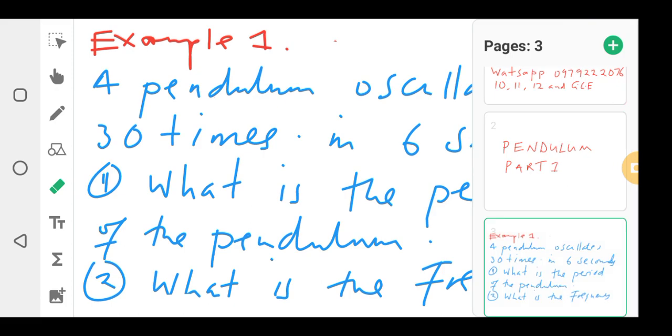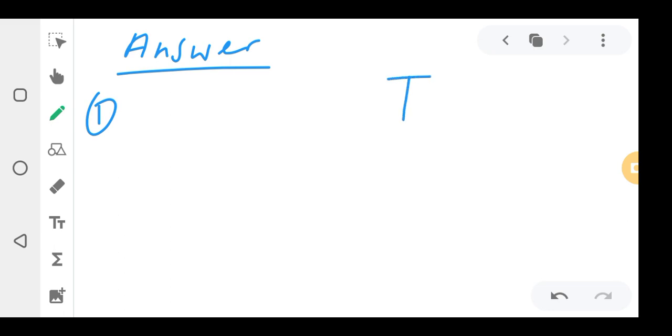Okay, so the answers are as follows. Answer for number 1, the formula that we are going to use for period. You remember period has got 2 formulas, where periodic time is equal to 1 over frequency.